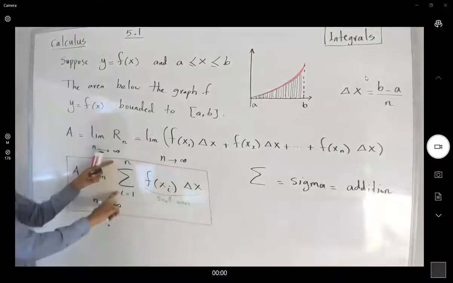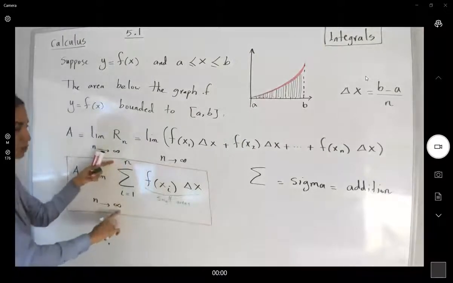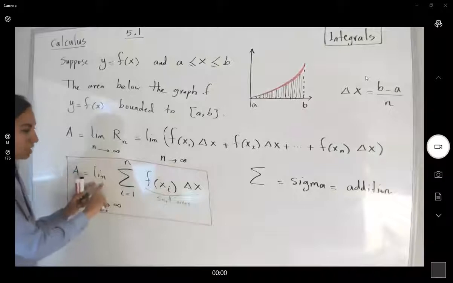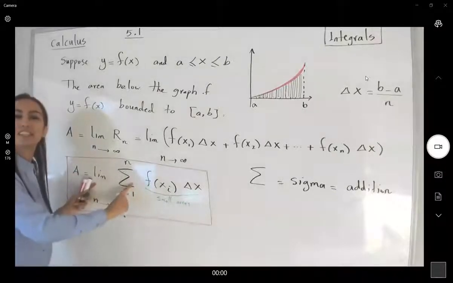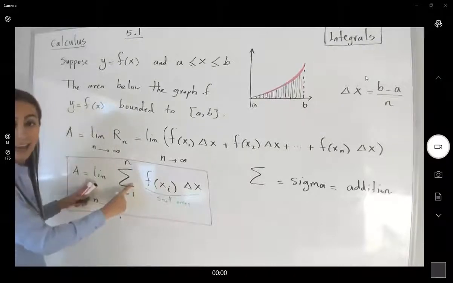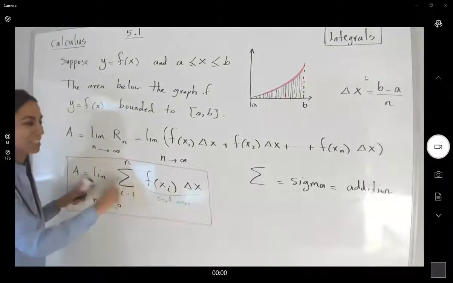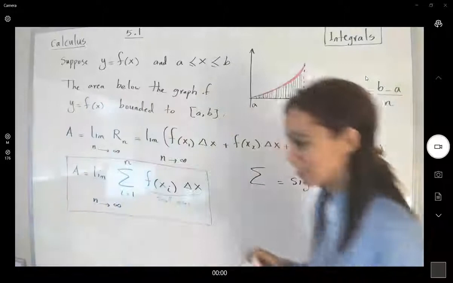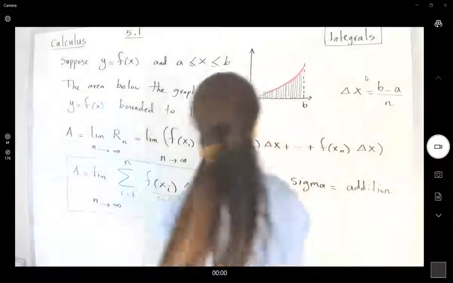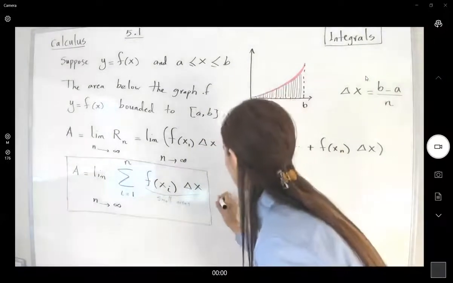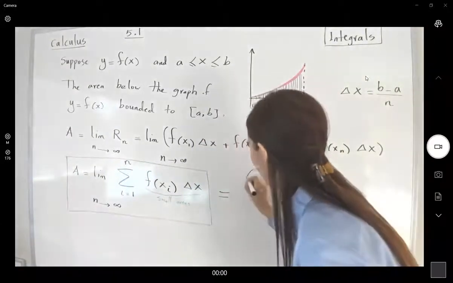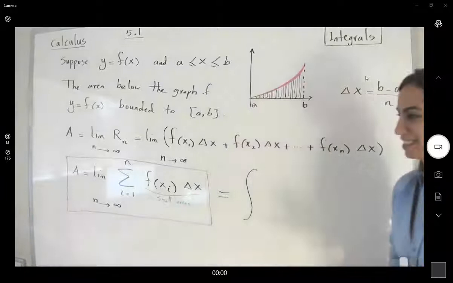When you take the limit, while n goes to infinity, the limit of sigma converts into an elongated S, which we call the integral.